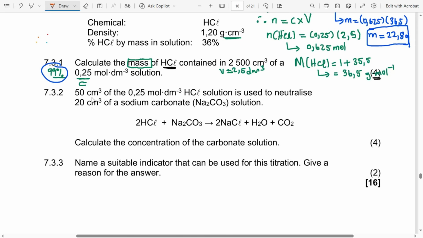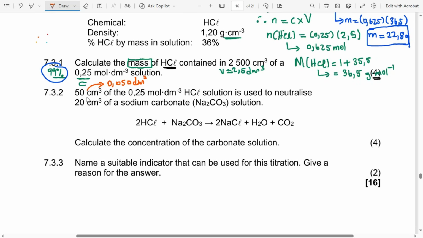So we have 50 centimeter cube of, you see, when I see 50, because I know that I might forget to do the conversion, you take this 50, you divide by 1000. This will give us 0.05 decimeter cube.